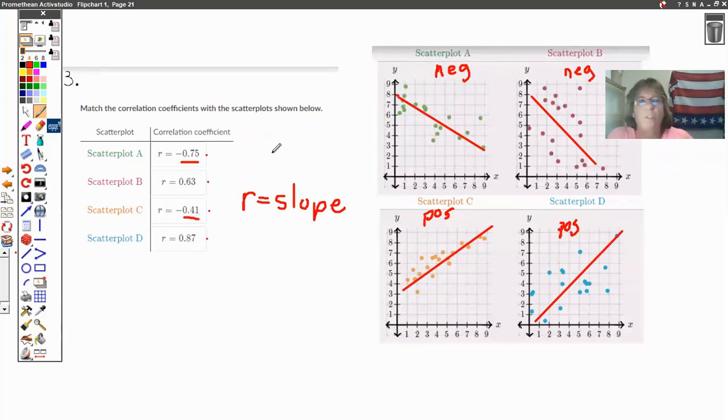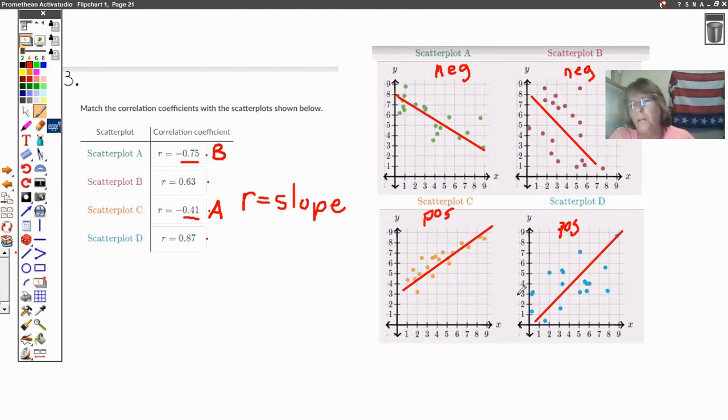So this is the steepest slope. This is scatter plot B, so we'll put a B there. And this one's going to be A. I think you just pick them up with your mouse and move them into the different boxes. So scatter plot A is going to be 0.41, and scatter plot B is the negative 0.75.